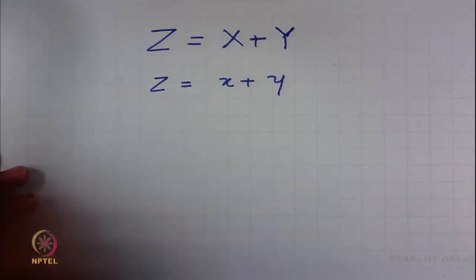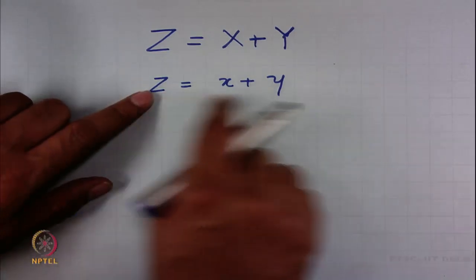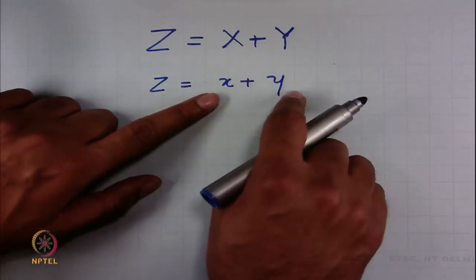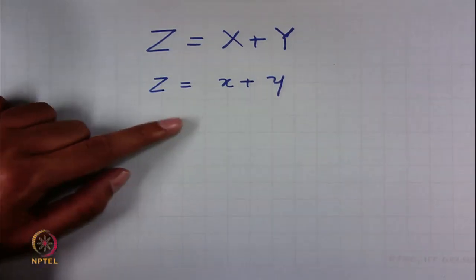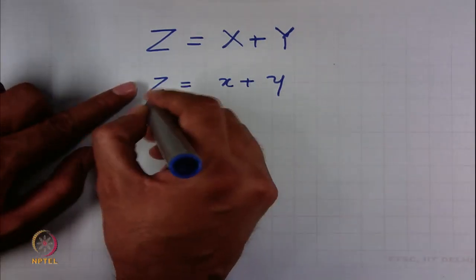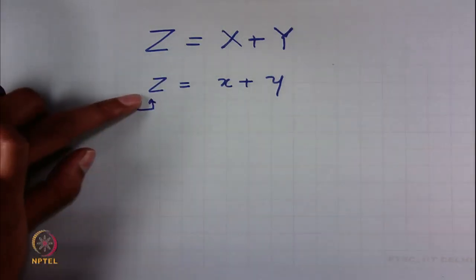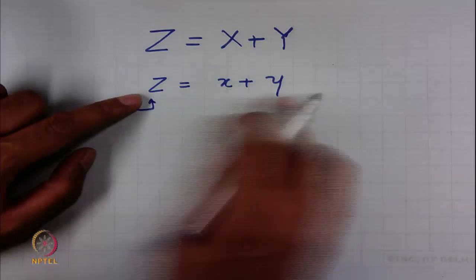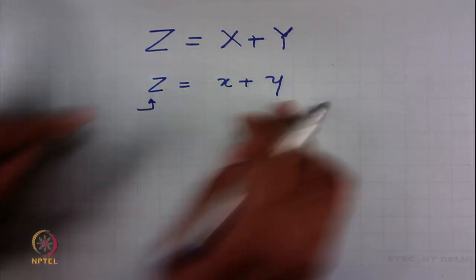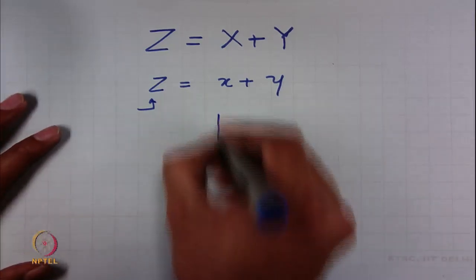So, I know that the numerical value of z would be a sum of the numerical value of x and the numerical value of random variable y. Also, assuming that this z is some constant, what I will end up with is an equation of a line which we can draw.